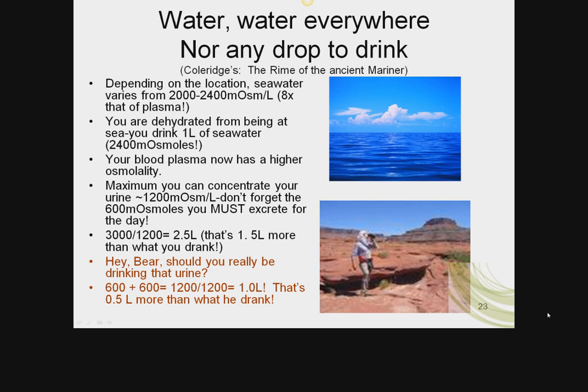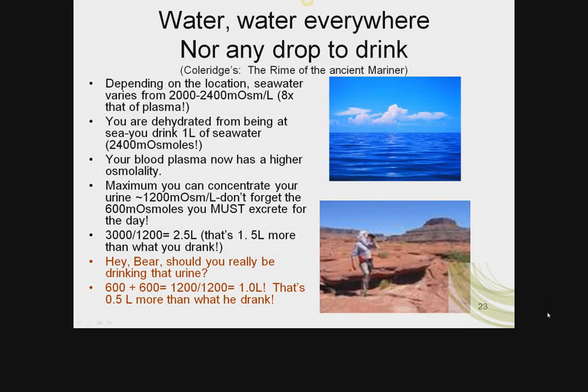So now you've got the 2,400 that you've absorbed from the seawater, plus the 600 milliosmoles of your own metabolism. That brings us to 3,000 milliosmoles, divided by 1,200 milliosmolal, the maximum you can concentrate your urine.